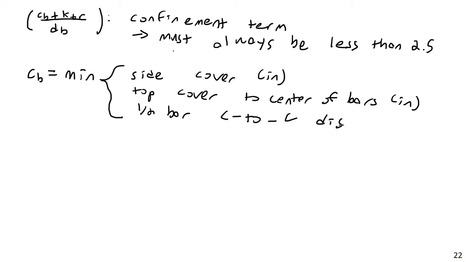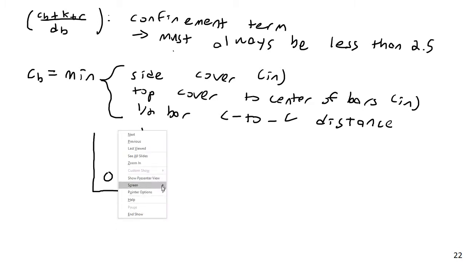So let me draw these out and list some possible CB measurements. If you have a concrete beam here, with something like this, 2 pieces of rebar, 2 deformed bars. Top cover to center of bar would mean some sort of CB like this. Going in order, the first, side cover, would be something like this here.